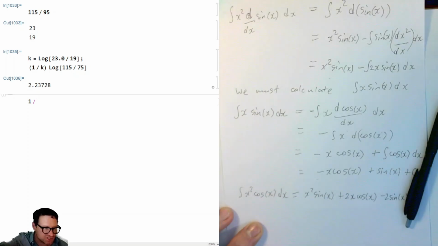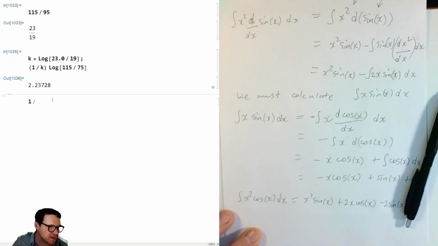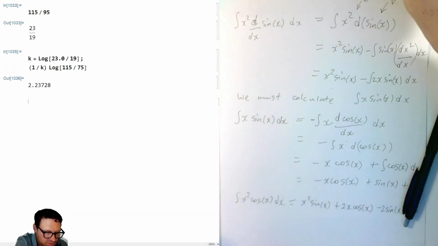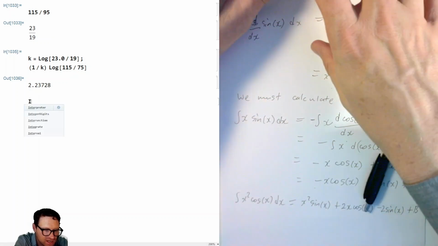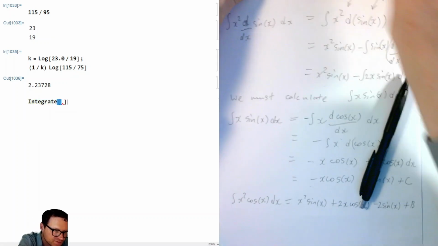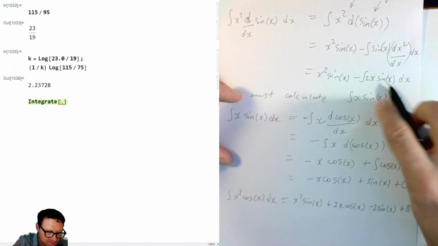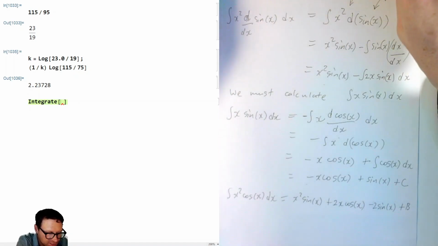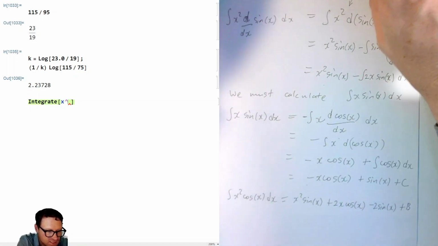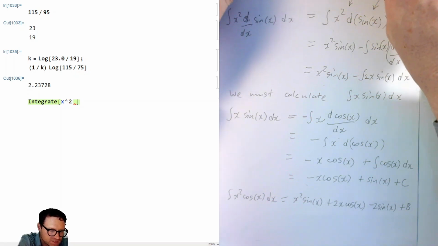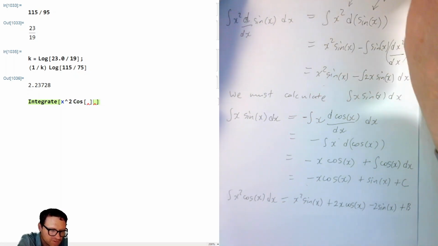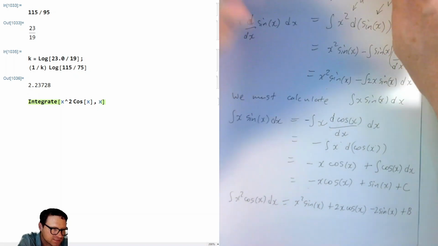Alright, just to double check, let me open up Mathematica and get Mathematica to calculate that integral, because it was a rather tricky one. So I'll just say integrate, but there's a button that looks like an integral for this. So integrate, what are we integrating? x squared times cos of x with respect to x.